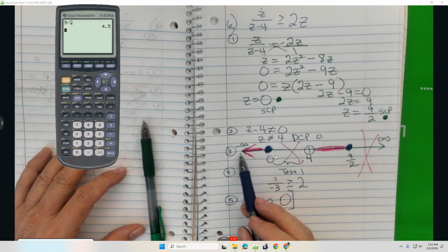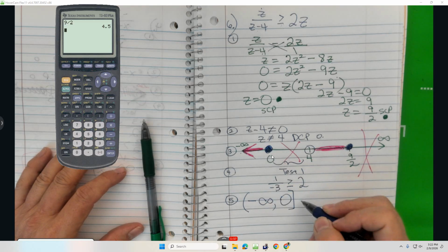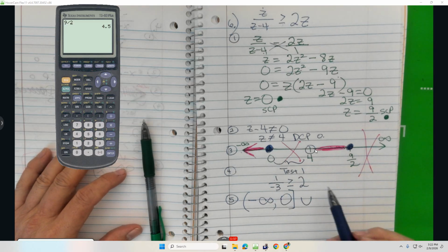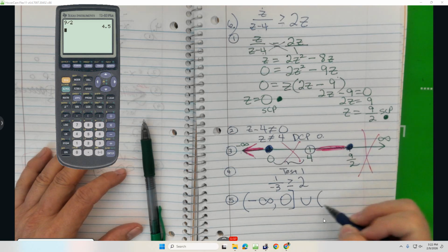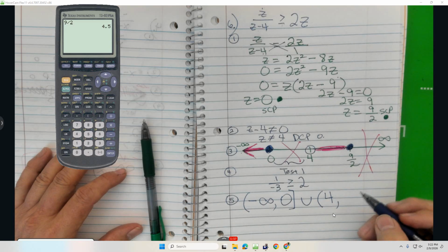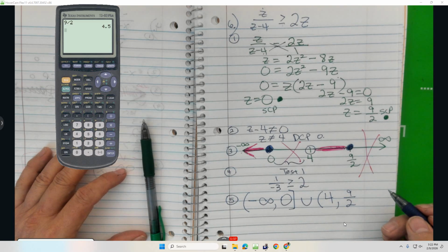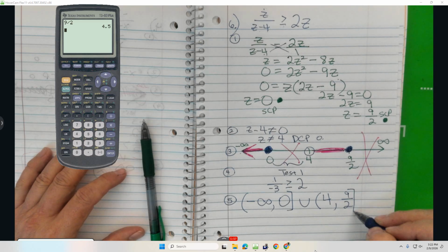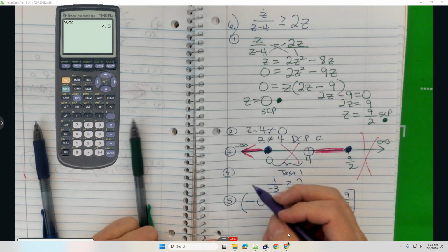That's saying all the numbers to the left of 0, including 0, or there's an open circle, so a parenthesis, 4, comma, 9 over 2. What will go after the 9 over 2? Bracket. Any questions there?